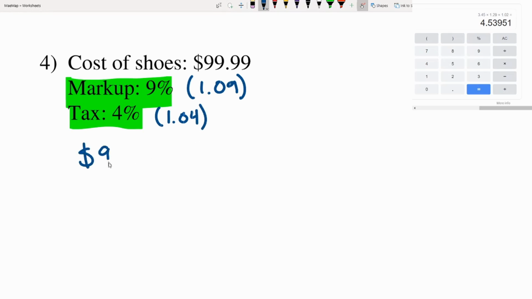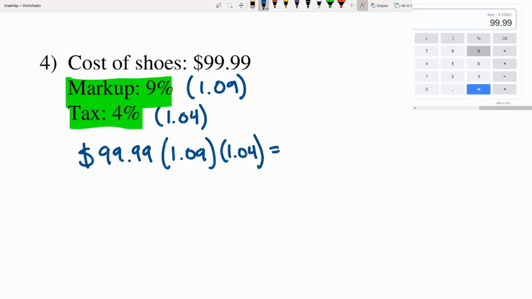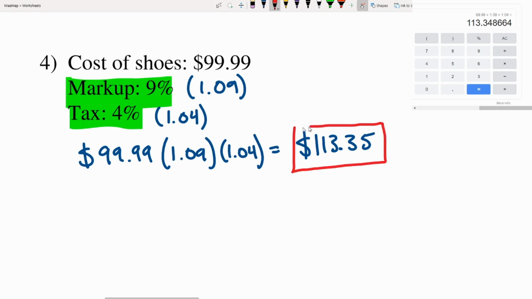So again, $99.99 times 1.09 times 1.04. Let's do that on the calculator. That's going to give us $113.35. That's the cost of our shoes after the markup and tax.